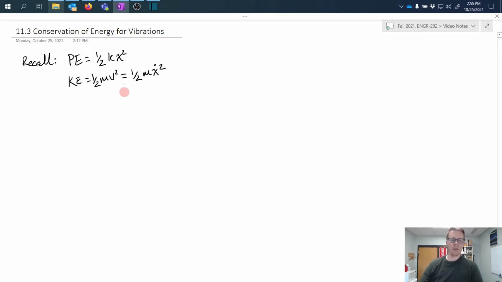So these two forms of energy can get put together, and by conservation we can say that the potential energy plus the kinetic energy is equal to a constant.